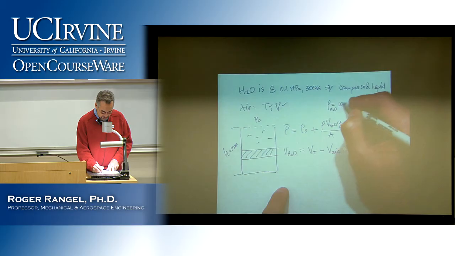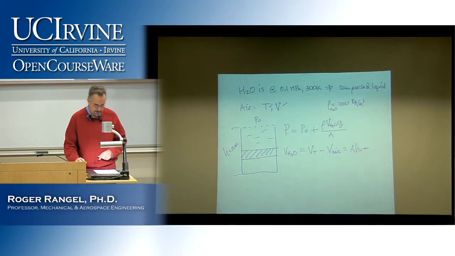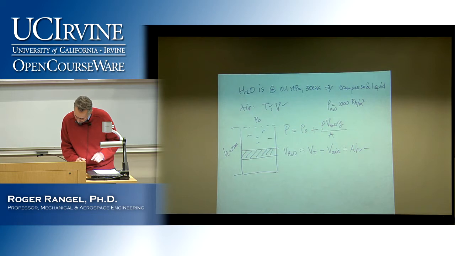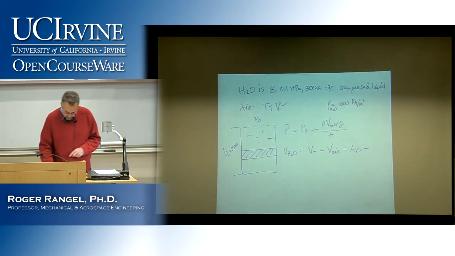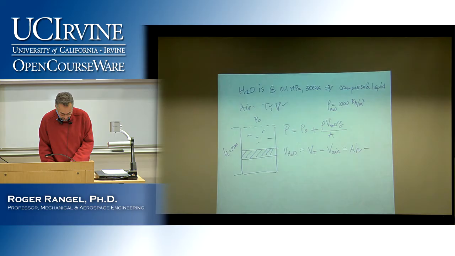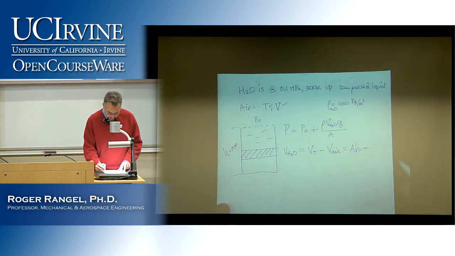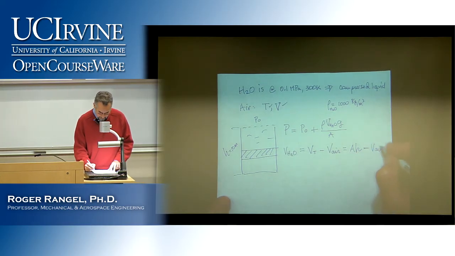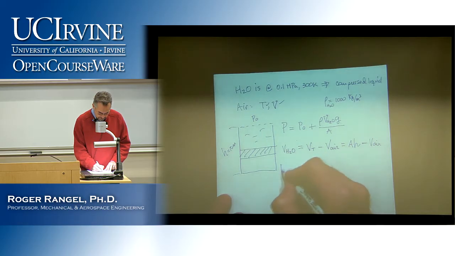Yeah, it's 1,000 kilograms per cubic meter. So that's given. And the volume occupied by the water, I already plugged that in there. So I can get the initial volume of air and the initial pressure of the air.